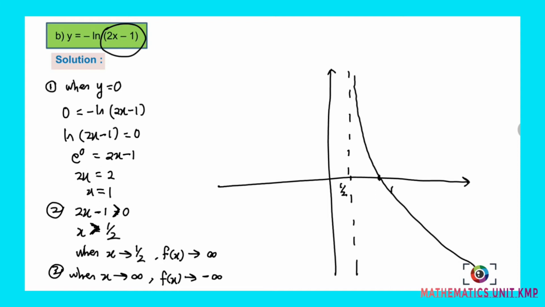Understand? So what is the domain? Open half to infinity. What is the range? Negative infinity to positive infinity. Do you understand?